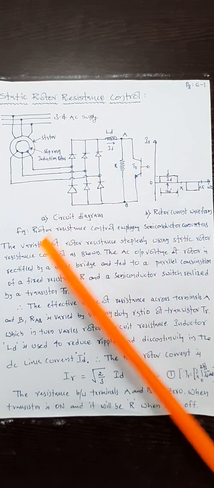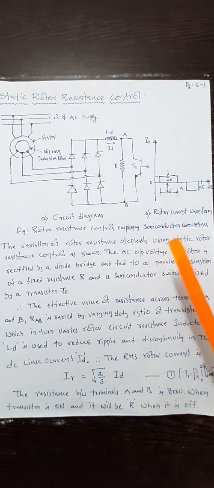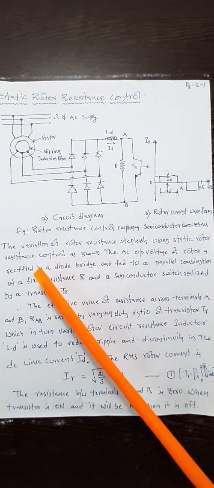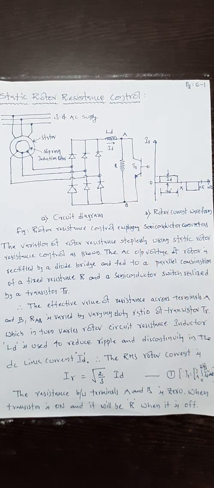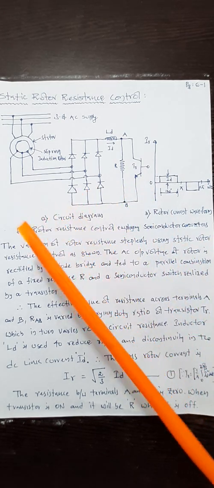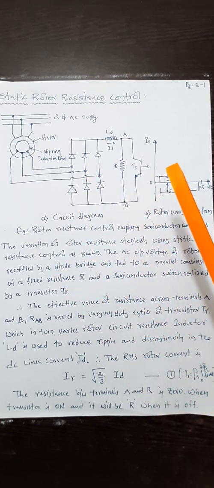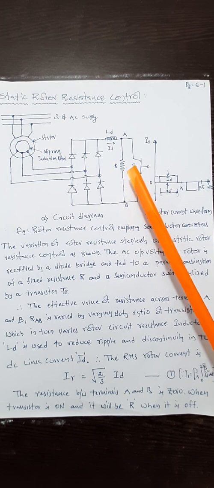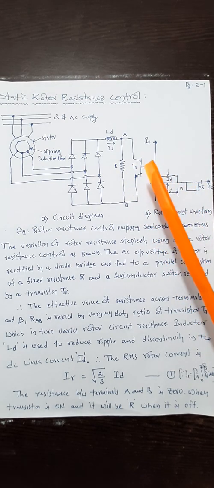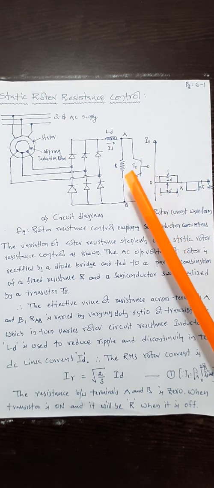The rotor resistance is varied steplessly using static rotor resistance control as shown. The AC output voltage of the rotor is rectified by a diode bridge and fed to a parallel combination of a fixed resistance R and a semiconductor switch realized by a transistor.